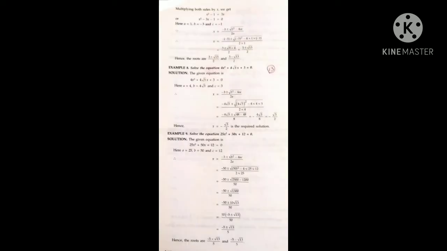So we will solve it further and we will write it as x minus 1 by x is equal to 3. We will take the LCM on the left hand side and it becomes x square minus 1 divided by x is equal to 3. That is x square minus 1 is equal to 3x. Then we will write x square minus 3x minus 1 is equal to 0, which becomes the actual form of quadratic equation. I hope you got it.